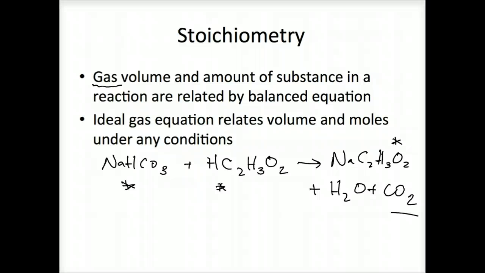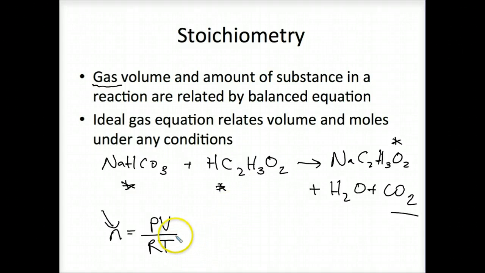So what the ideal gas equation allows us to do is take the moles, because I know that n equals PV over RT. If I know the moles, I can determine pressure, volume, temperature, as long as I know any two of the others.